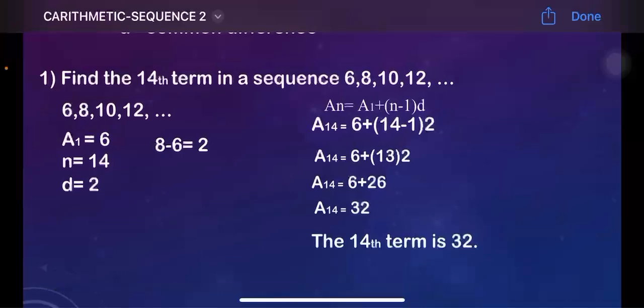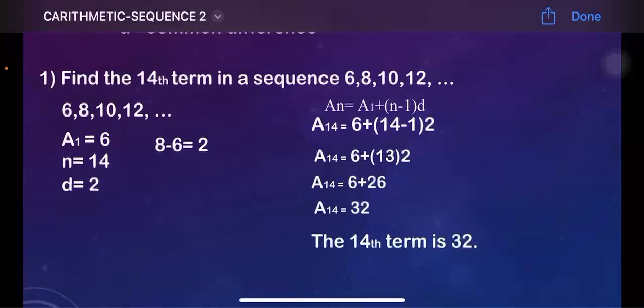Example number 1. Find the 14th term in the sequence 6, 8, 10, and 12. Before we substitute into our formula, we have to find first the given. a sub 1, or the first term, is 6 because 6 is our first term in this sequence.